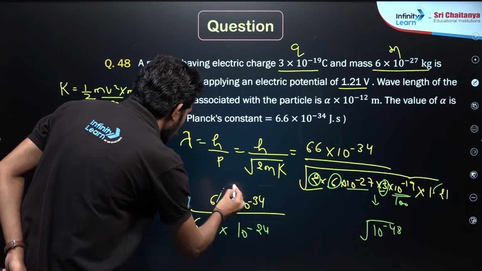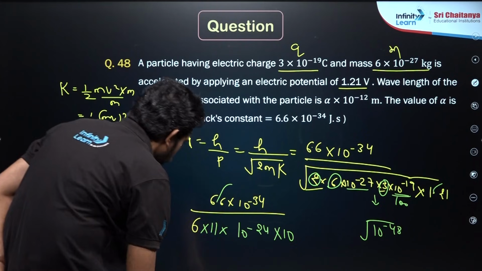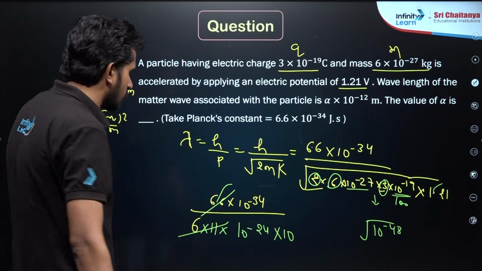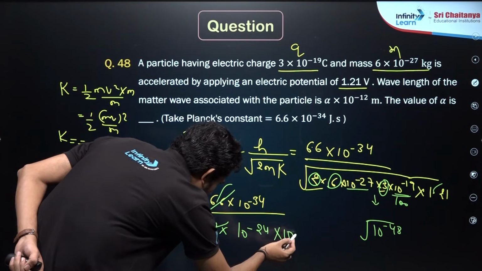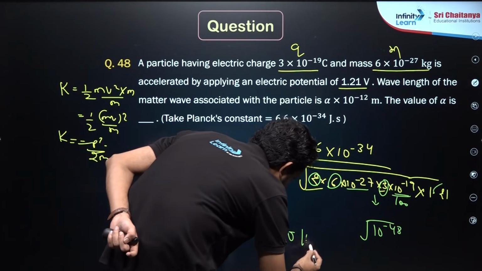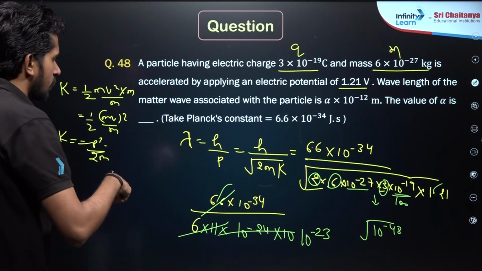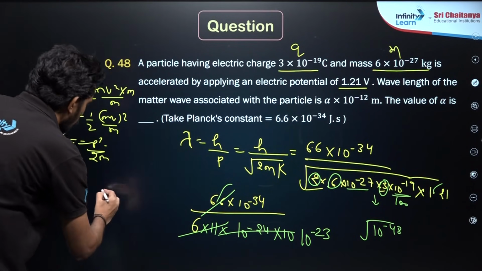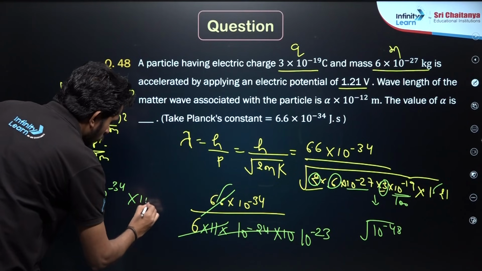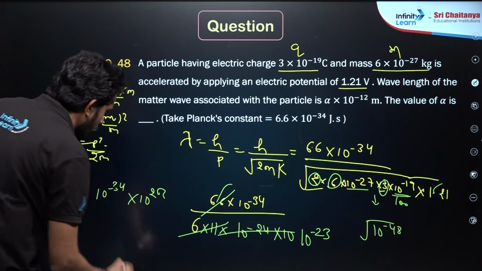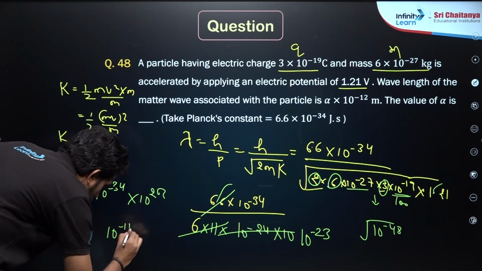Then remove point and 10. 11.66. Okay, now this value would be what? 10 raised to minus 23. This will go upside, so 10 raised to minus 34 into 10 raised to plus 23, so this gives 10 raised to minus 11.